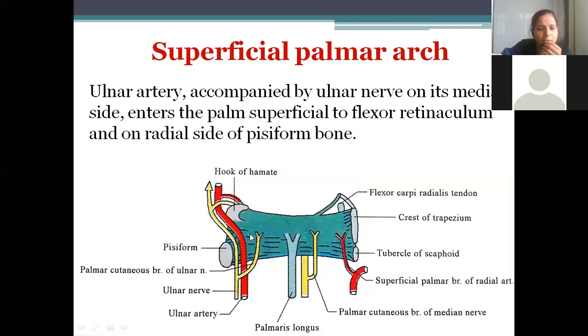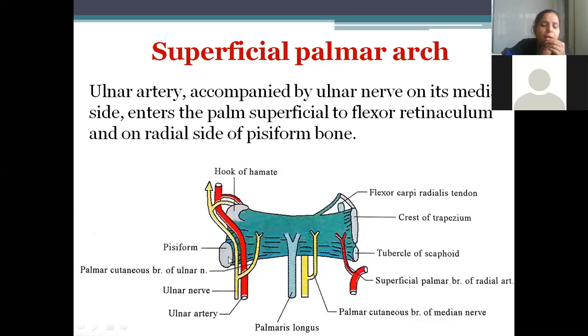The ulnar artery, the main artery, is going superficial. Then this is the radial artery. The superficial palmar branch of the radial artery goes over the flexor retinaculum. That means these two arteries are now moving into the palm. The ulnar artery, accompanied by the ulnar nerve on its medial side, enters the palm superficial to the flexor retinaculum and on the radial side of the pisiform bone.